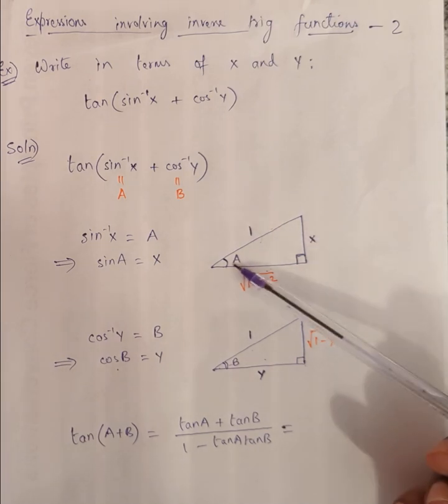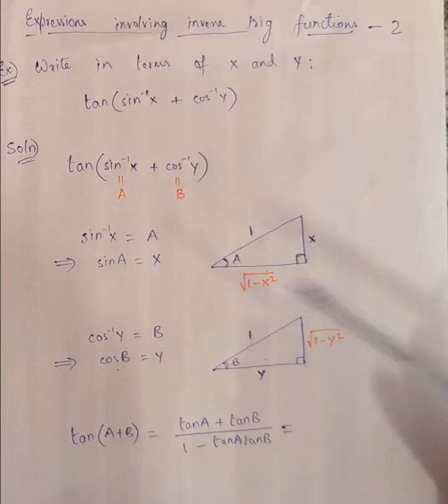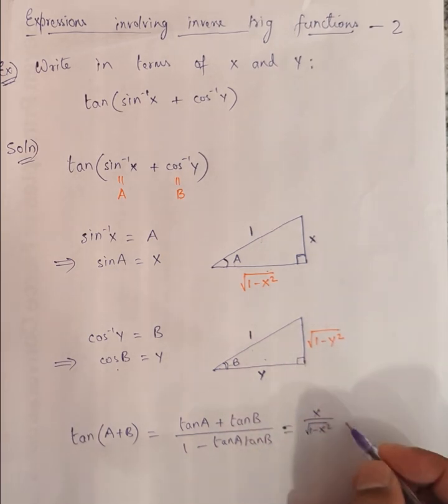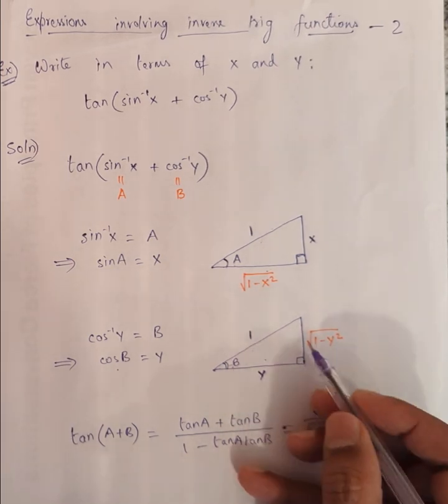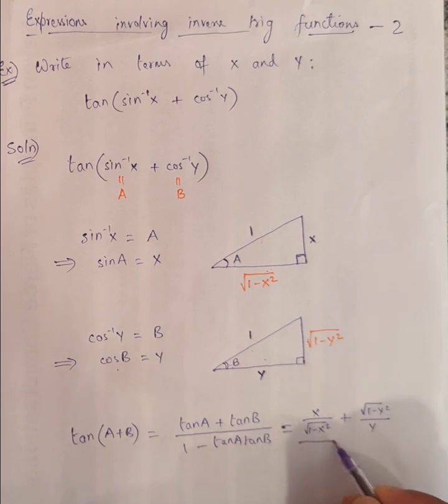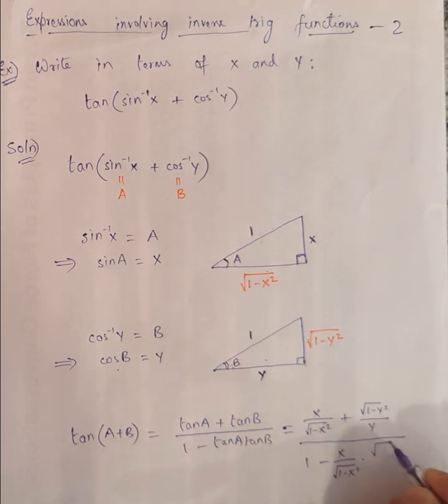Tan is opposite over adjacent, so it's going to be x over square root of 1 minus x square, and tan B is square root of 1 minus y square divided by y. So this is our numerator. And now we have to write the denominator, which is 1 minus their product. So this is going to be x over square root of 1 minus x square times square root of 1 minus y square over y.